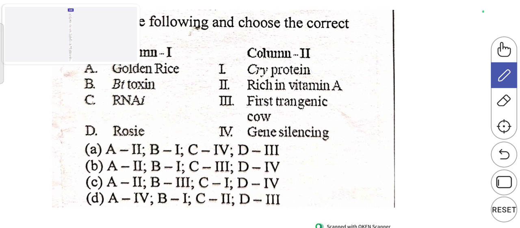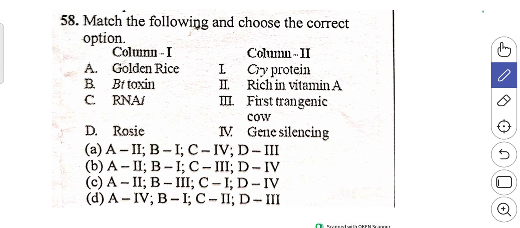This is from the topic biotechnology. In the first column they have given golden rice. As you all know, this golden rice is rich in vitamin A. Then Bt toxin. This Bt toxin contains a glycoprotein. Then RNA interference. This RNA interference is utilized in gene silencing.